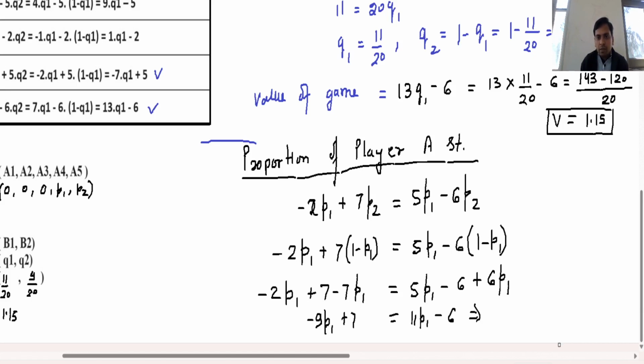On solving, we move the 9 to this side, so 11 plus 9 is 20 P1, and moving -6 to this side gives 13. So 20 P1 equals 13, so P1 equals 13 upon 20.